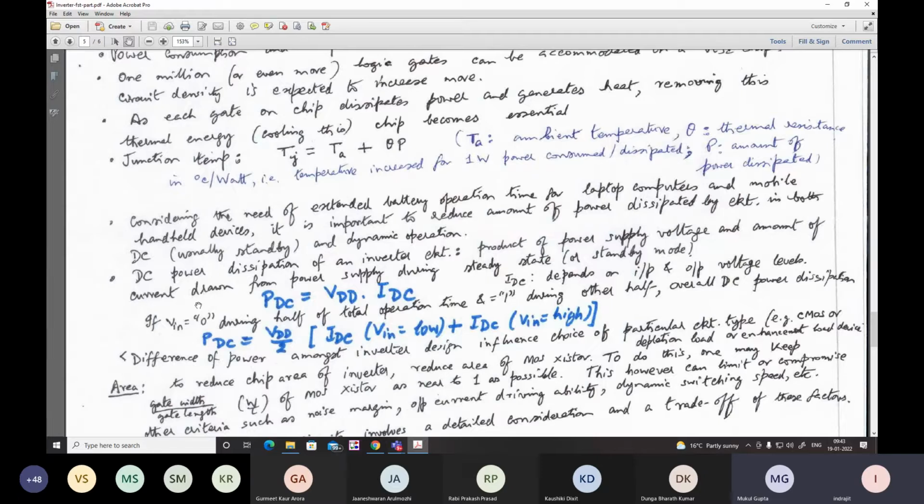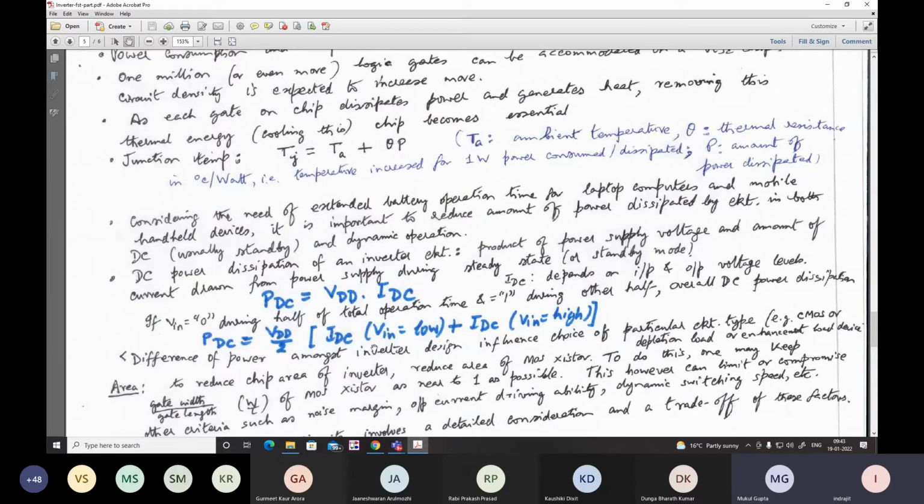If it so happens that, on average, Vin equals 0 during one half of the total operation and Vin equals logic 1 during the other half, the overall DC power dissipation can be estimated in this form: VDD by 2 multiplied by IDC with Vin equal to low.